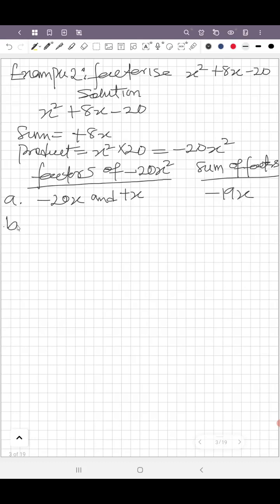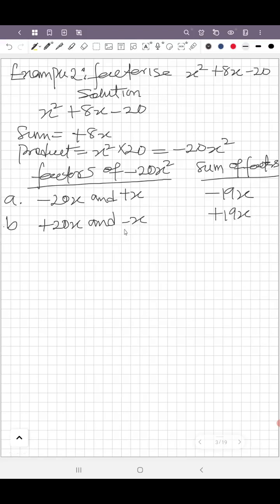Let's find another factor pair. This is how you are going to be finding the factors. Make sure you practice this. We have plus 20x and minus x. When you add these together, it gives you plus 19x.